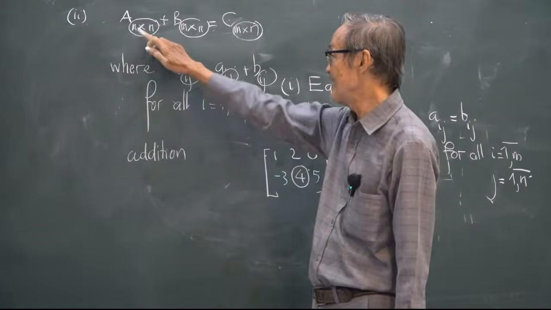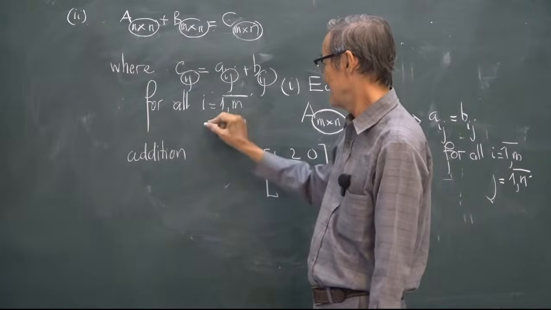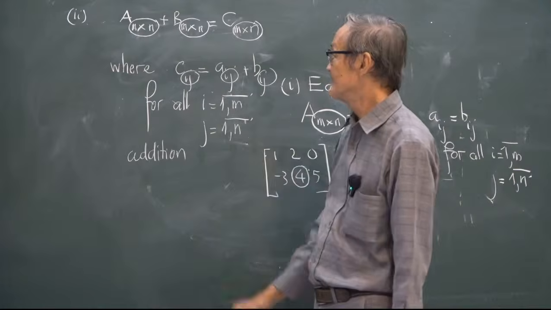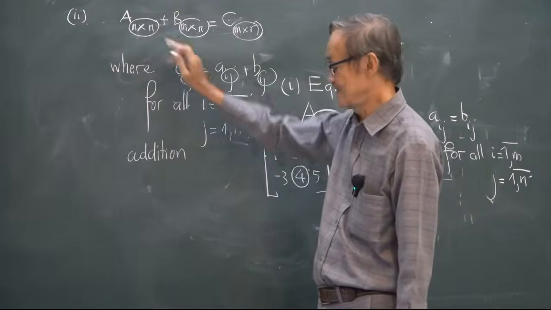Here we have m rows, and j from 1 to n. We have n columns.